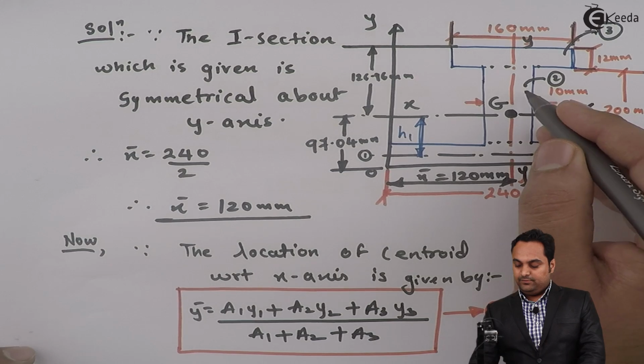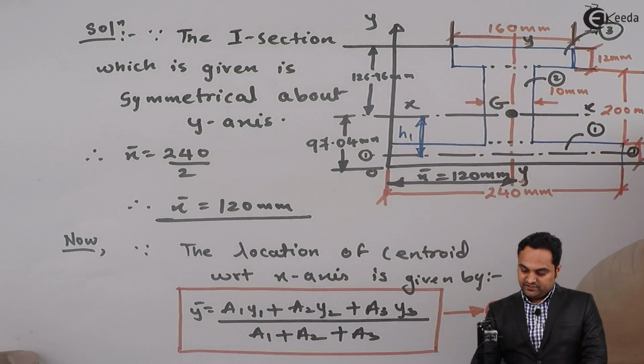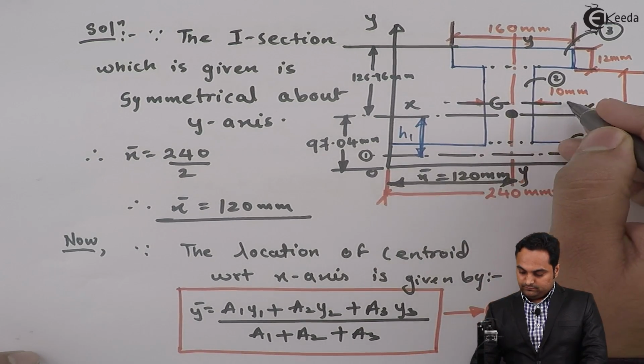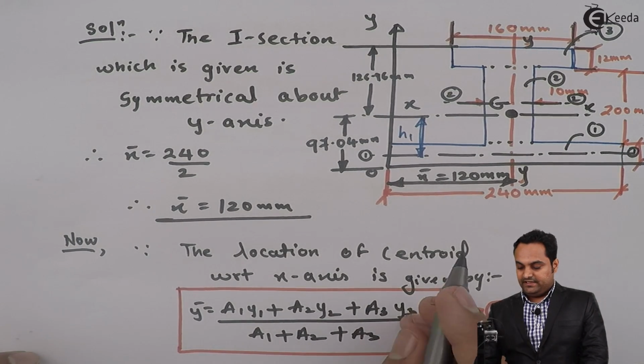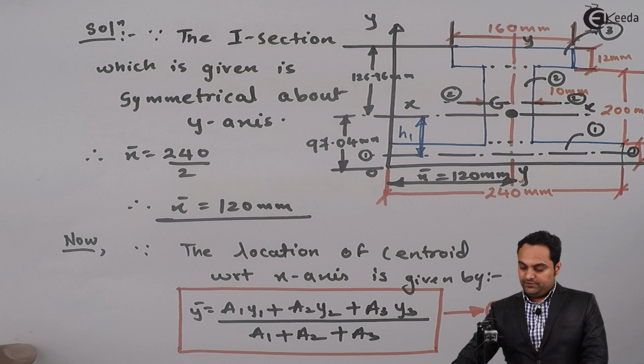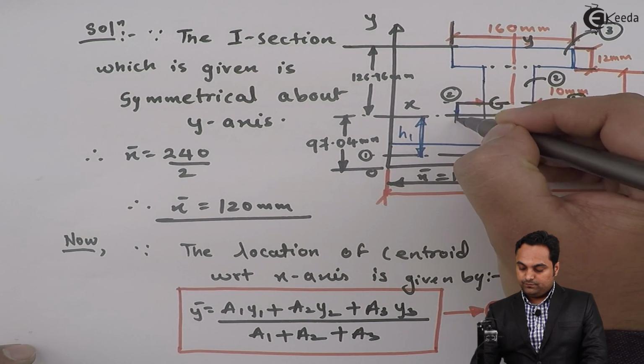Similarly for rectangle number 2, its x-axis will be 12 plus half of 200, that is 112. Suppose it is here, the x-axis for the second rectangle. So the distance between both of them will be h2.